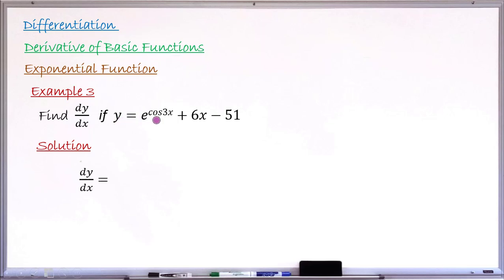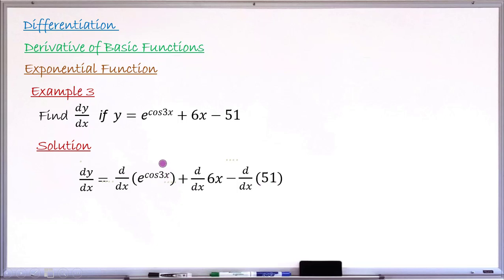It has three terms, 1, 2, 3, so you have to find the derivative term by term. The very first term is an exponential function, while the other terms are not. So you now set d by dx of the very first term, that is e raised to cos 3x, plus d by dx of 6x, then minus d by dx of 51, the constant term.